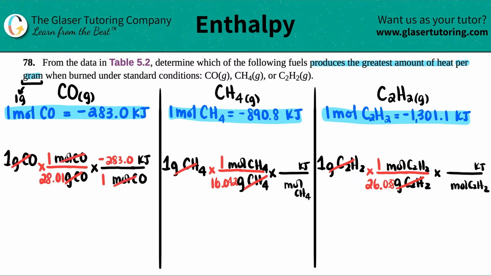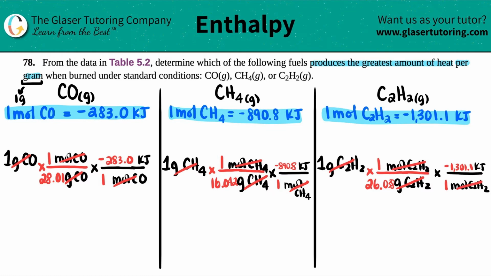These cancel out. 1 mole of CH4 equals negative 890.8. So negative 890.8, moles cancel out. 1 mole of C2H2 equals negative 1,301.1 kilojoules. Okay. And moles cancel out.